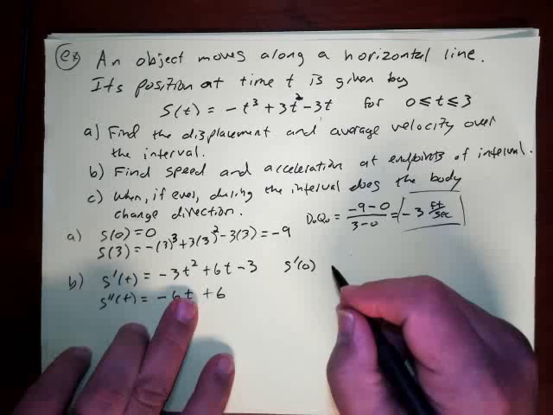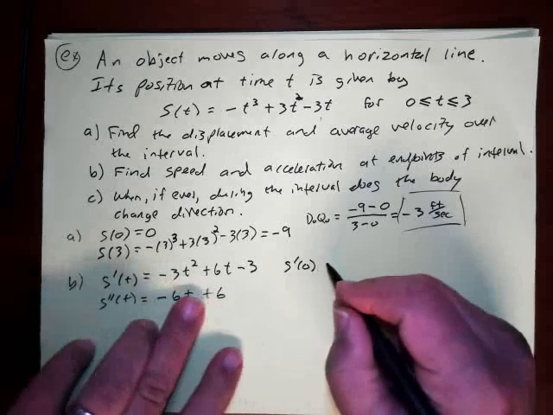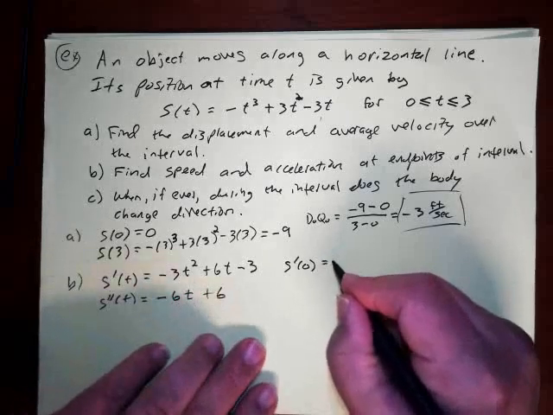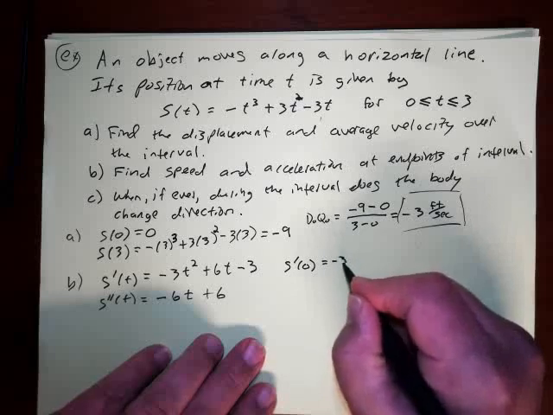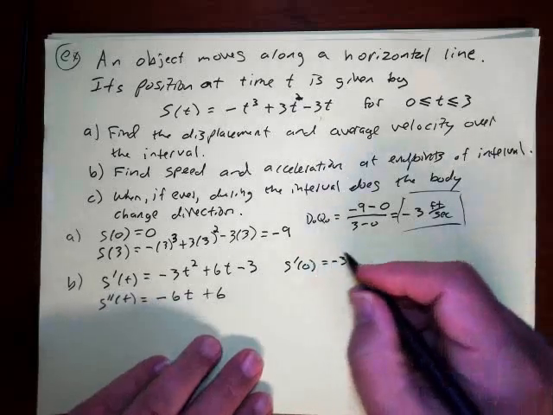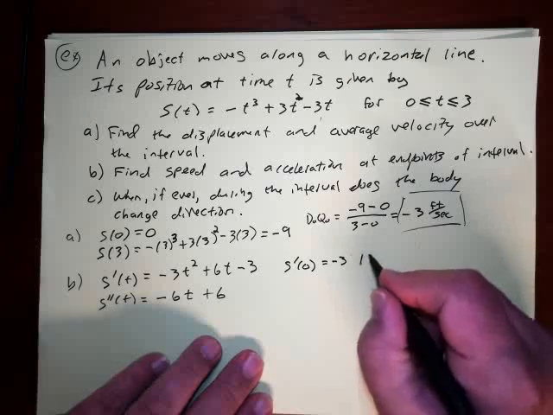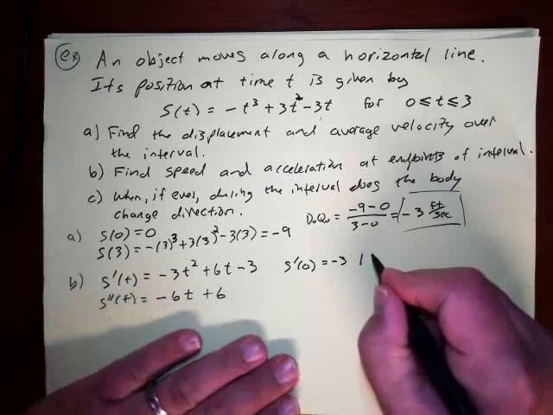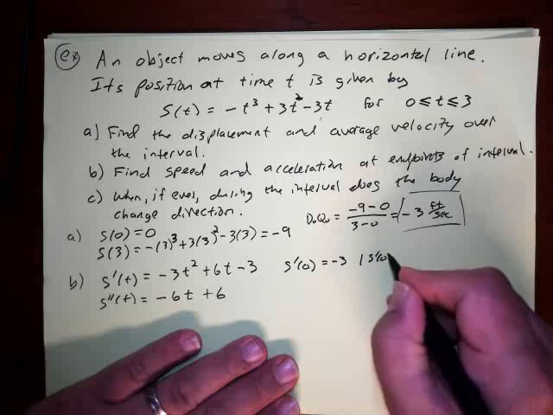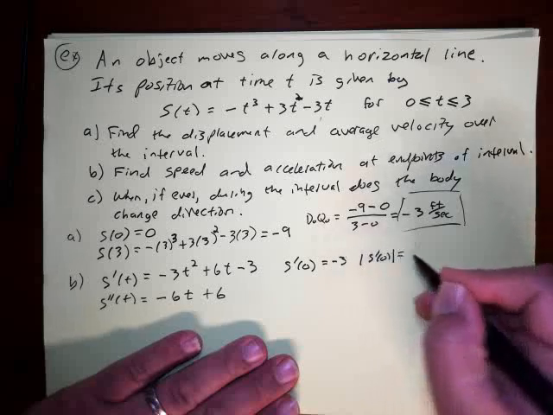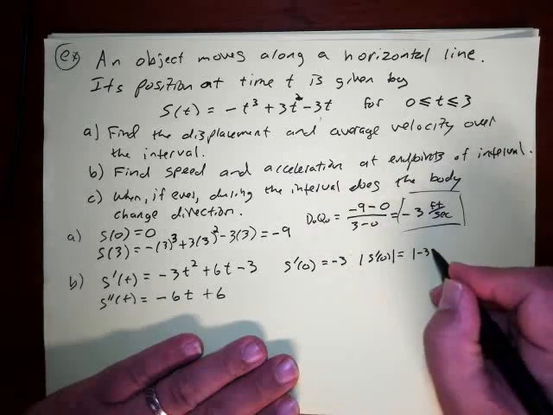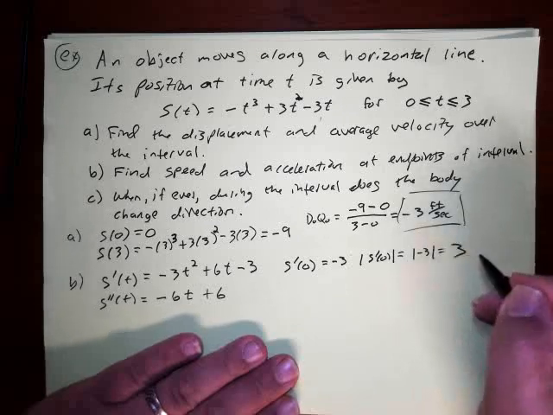Okay, so now at the endpoints of the interval, first the velocity. If I put 0 into this, I'm going to get negative 3, right? And so the speed would be the absolute value of that, the absolute value of negative 3, which is 3.